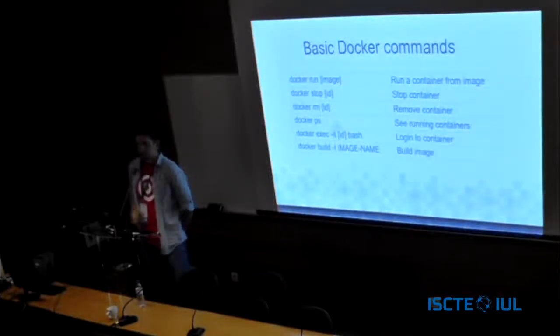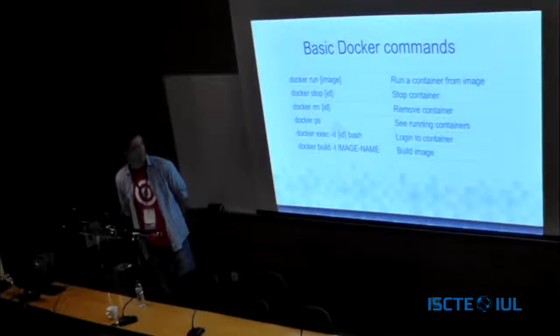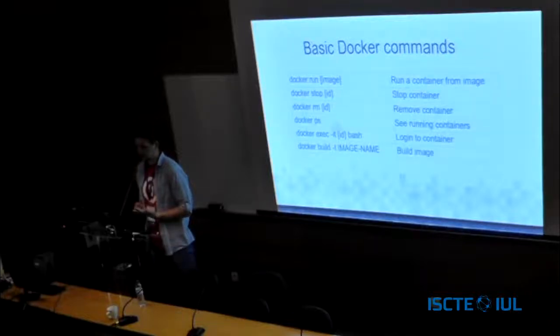These are the basic commands which you will first learn when you start to work with Docker. So first one, docker run. We already saw it on the previous slide with the hello-world. It starts a container from an image, and it creates a container if it didn't exist before. So you do docker run and the image name. Docker stop, obviously, stops the container by ID.